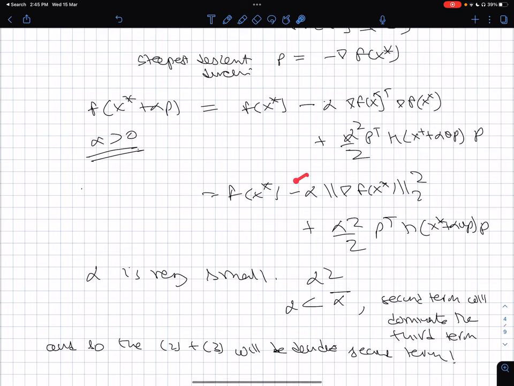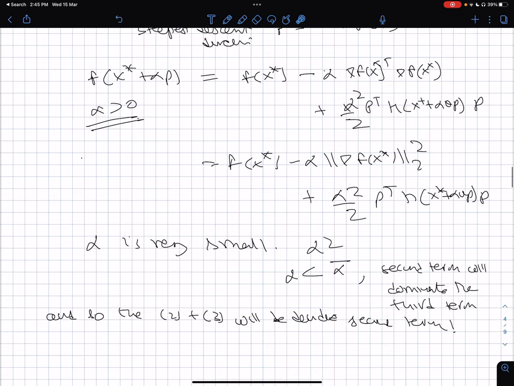Therefore, for small enough alpha, this whole term will become negative, even if I don't know what the theta is. And so I can guarantee that I will reduce the function a bit from f of x star in the vicinity, which means that x star is not a local minimum. Because if something is a local minimum, then there has to be some small enough vicinity in which the function cannot be reduced.